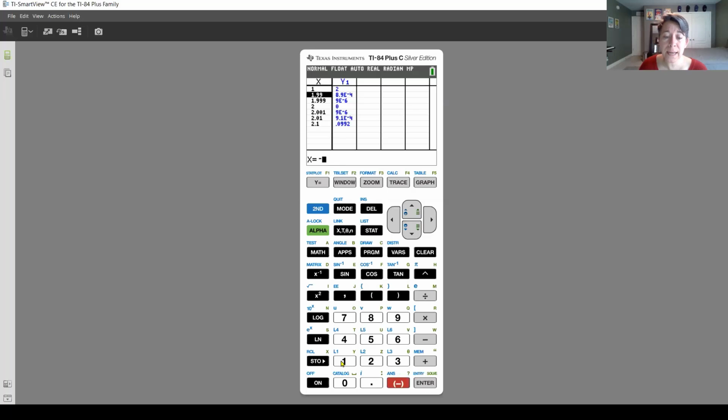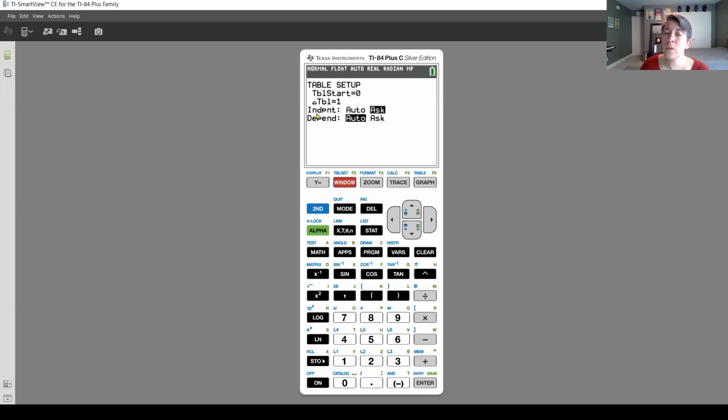But when we plugged in a -1, enter, we got a 0. Now, if for some reason your table's not letting you put in values, go up here, see where it says table set, hit second function window, and you want to be sure that the independent variable is set to ask. That way you can type it in. The dependent variable should stay at auto.